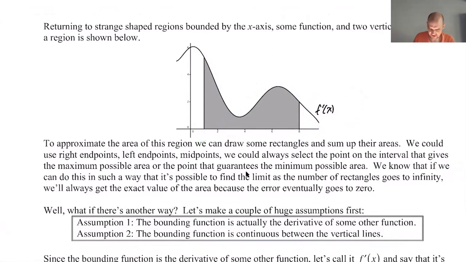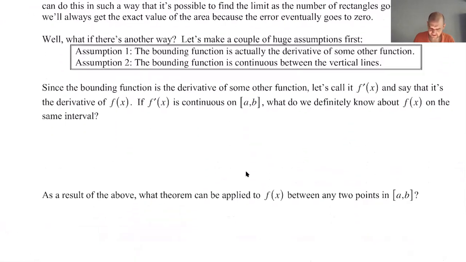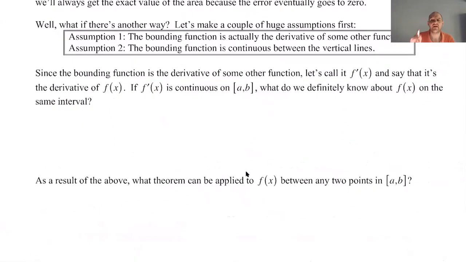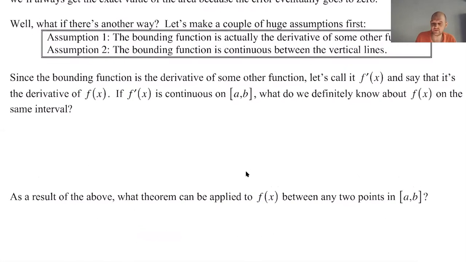Now, when we make those assumptions, we get a couple of pieces of information about the original function. Because we're saying that this is f prime that is now continuous on the interval. So if f prime is continuous on the interval, then what do we know about f of x? Well, we know 2 things.